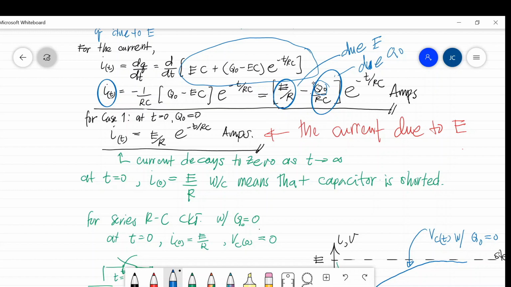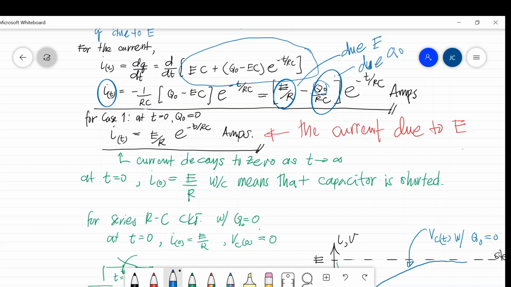If the negative terminal of the capacitor connects to the positive terminal of the source, then the currents will add up and they are aiding each other.